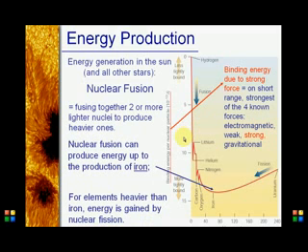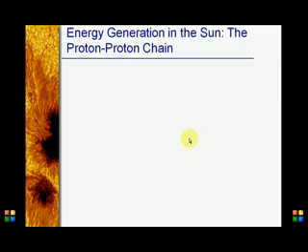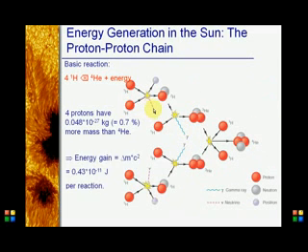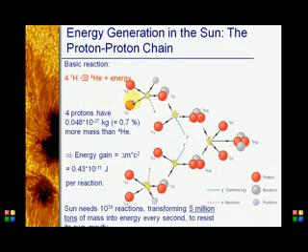Nuclear fusion can produce energy up to the production of iron. For elements heavier than iron, energy is gained by nuclear fission. So this is the mechanism of how energy is produced.